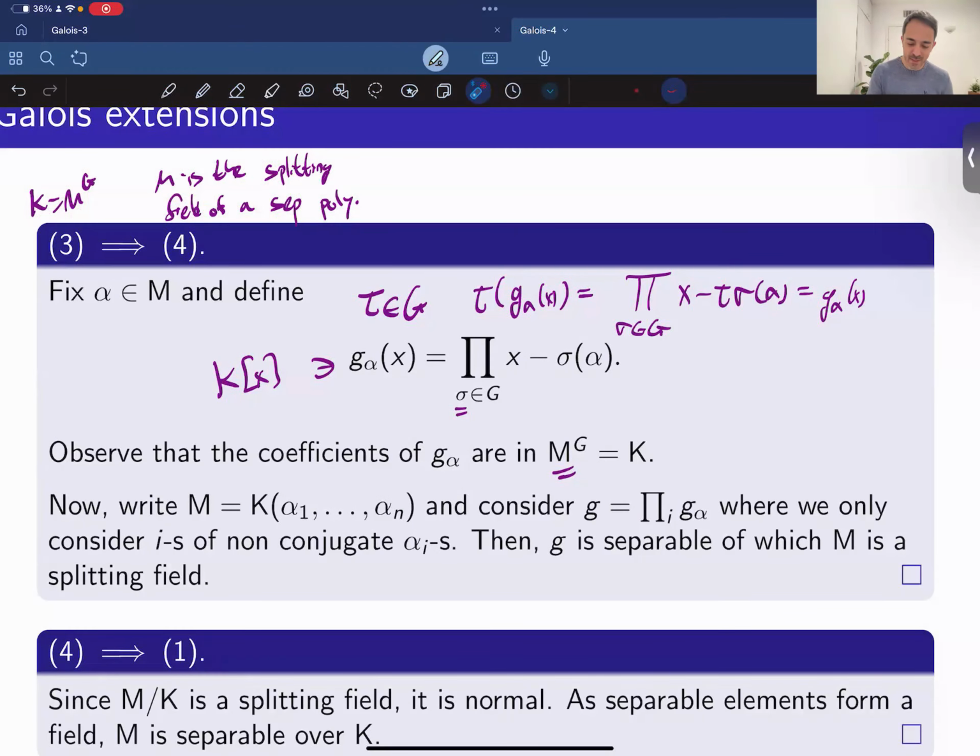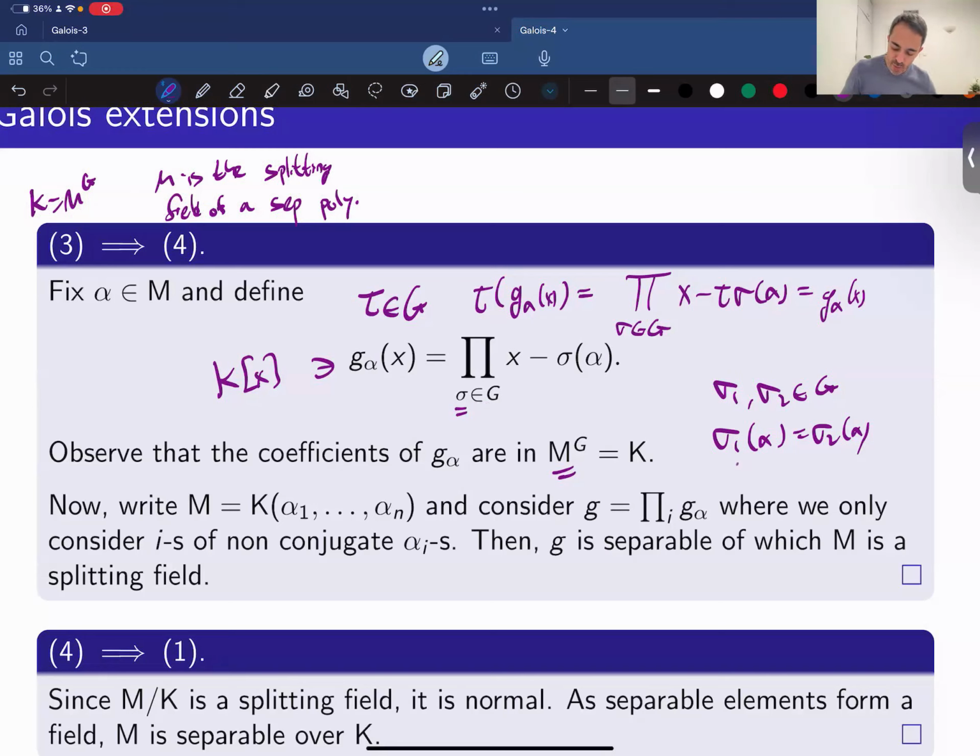Now I want to tweak this a little bit because g of alpha is not a separable polynomial. It could be that sigma 1 and sigma 2 in G satisfy sigma 1 of alpha equals sigma 2 of alpha and so forth. So what you should really do is take just one representative out of each of those, and you can also show that indeed the coefficients are still in K. So you don't really look at g of alpha as before; you only take one sigma of G for which you get the same answer.